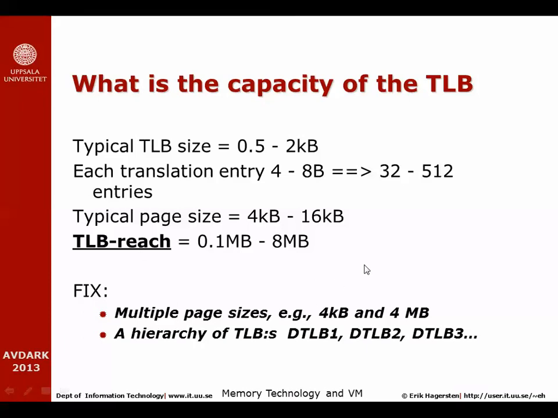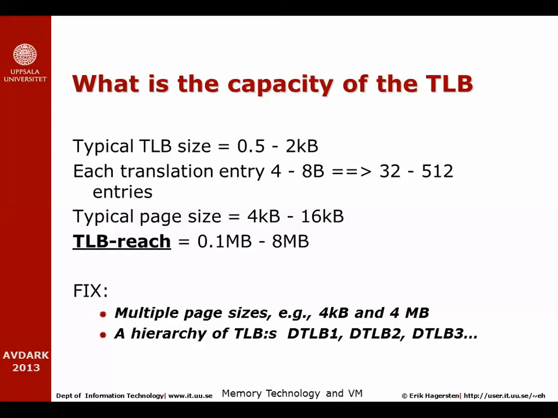There are a couple of fixes to the problem with the TLB reach. One is that you can use multiple page sizes. For example, you may have pages that are 4 kilobytes or pages that are 1 megabyte in your design, and the operating system can choose which one to use. Let's say you have a large matrix that you would like to access.